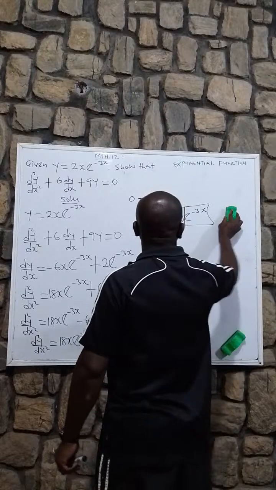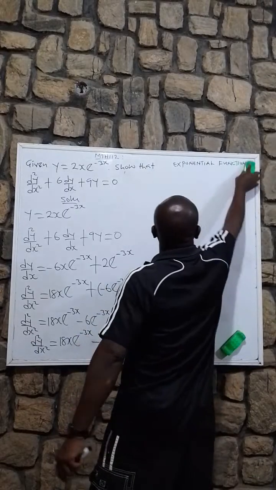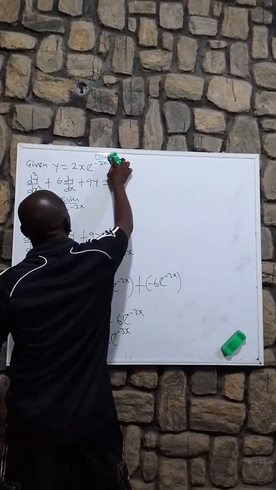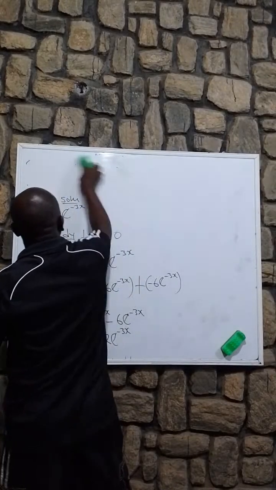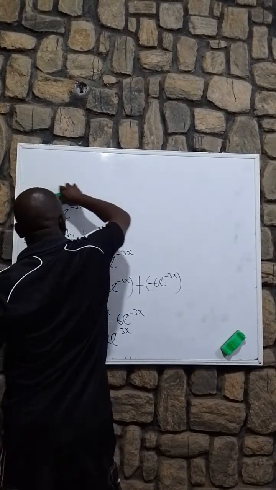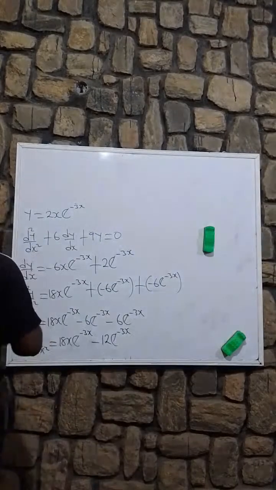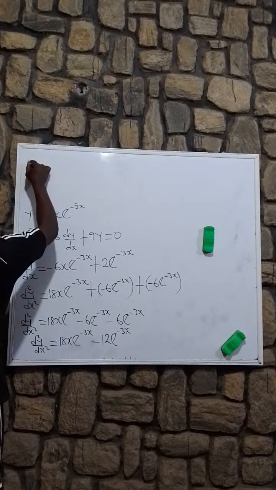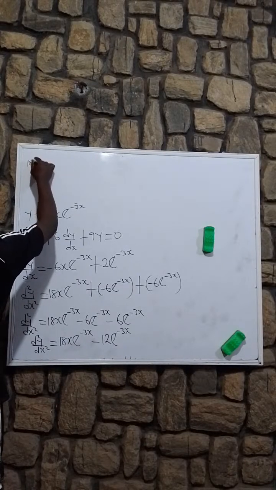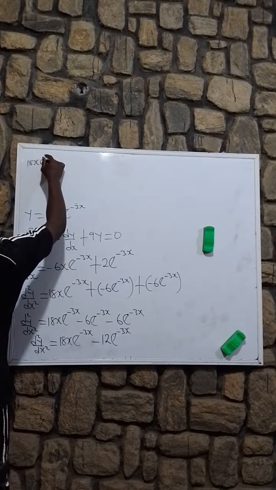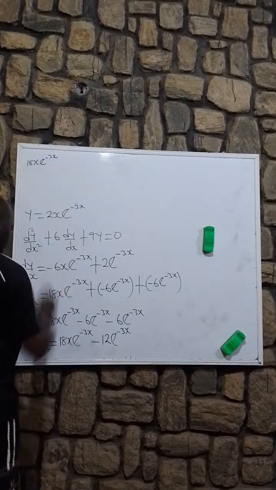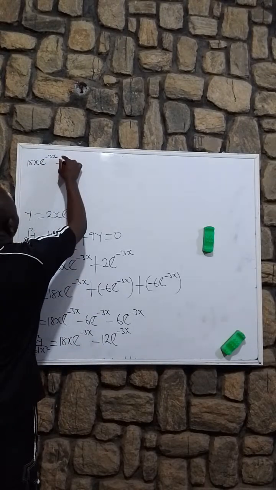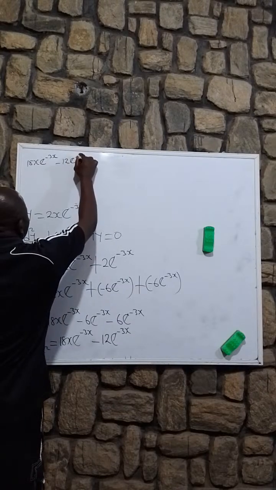So far so good. Let me clean it up so that we start from the top. Okay. So what is this? Here is 18x exponential minus 3x, then minus 12 exponential minus 3x.